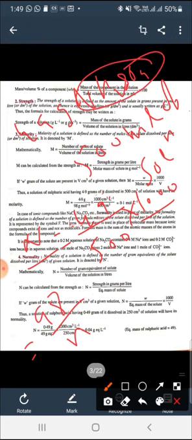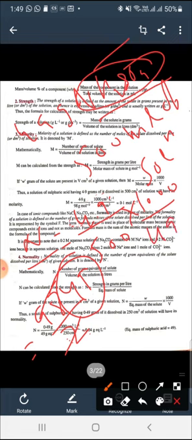The value of n here: H2SO4 is an acid, and basicity of an acid means how many ionizable hydrogen ions are there. In H2SO4 there are two ionizable hydrogen atoms, so we will divide by 2. Then the equivalent mass will become equal to 49.